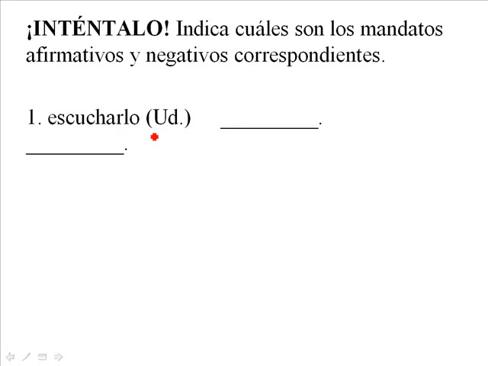In the usted form of the mandato, we have the lo added to the end. So in the affirmative form, we'll keep it. So, escucho would be the yo form. We're going to drop that o.